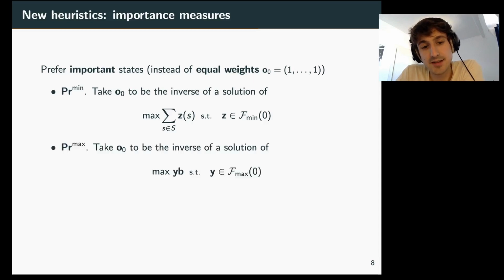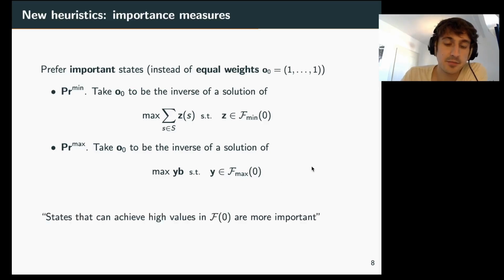And for max, we take O0 to be the inverse of, also, we maximize the weighted sum over the Farkas certificates for lambda 0. And the idea is that states that have a high value in these Farkas certificates, or that can achieve basically high values in this polytope, are more important, so we expect them to be in a witnessing subsystem.